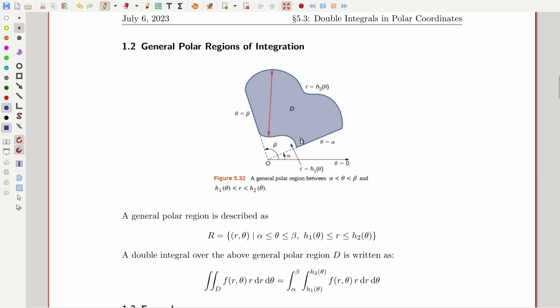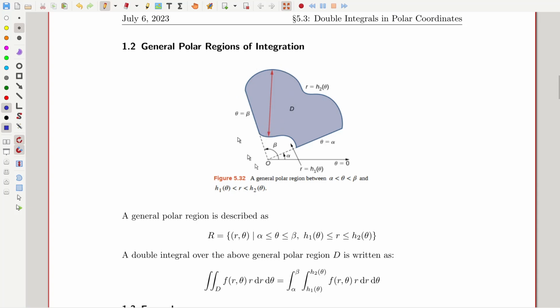So what you might have is that the region is defined by a further radial function and a closer radial function, which in this diagram is the h2 of theta and the h1 of theta. And you'll see that there are bounds on theta itself, alpha and beta.